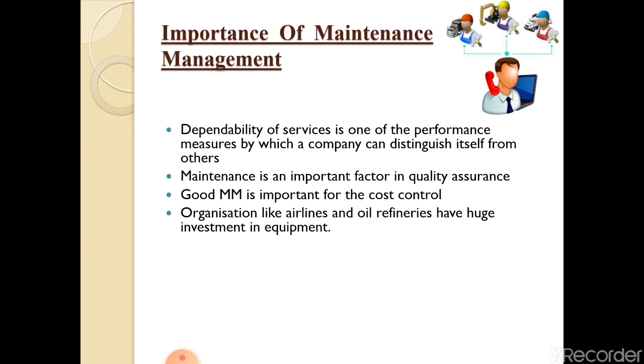Next is organizations like airlines and oil refineries have huge investment in equipment. If equipment fails, it is very costly for such companies, so they need proper maintenance to keep equipment in good condition, because the equipment in airlines and oil refineries is a huge investment.